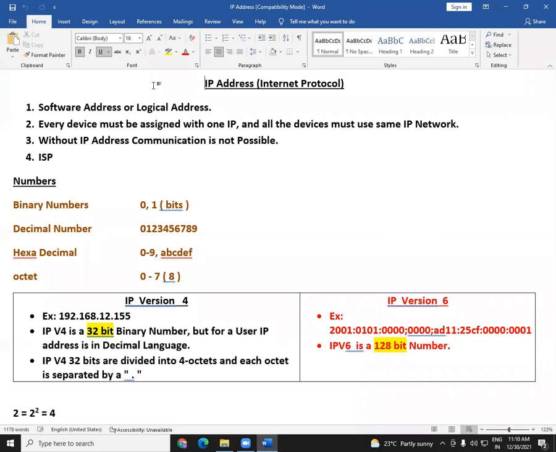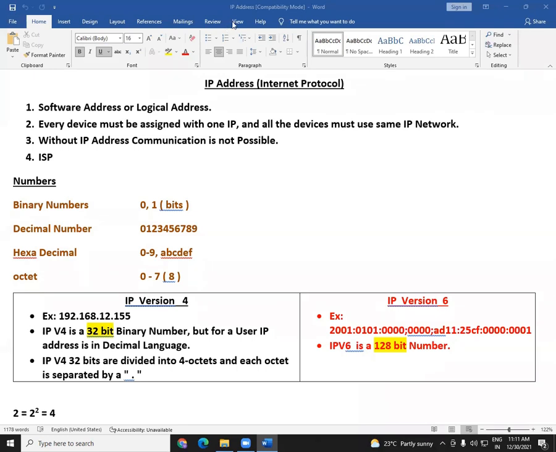IP address is one of the most important topics you will learn as an administrator in your career. Whether you're going with cloud computing, security, virtualization, server administration, Windows or Linux, or maybe ethical hacking, the IP address concept is one of the most important concepts. So this is the topic we are starting today.